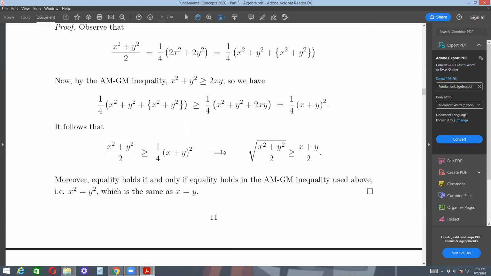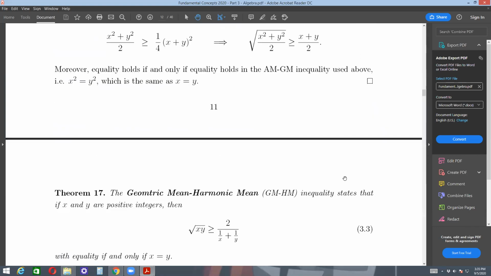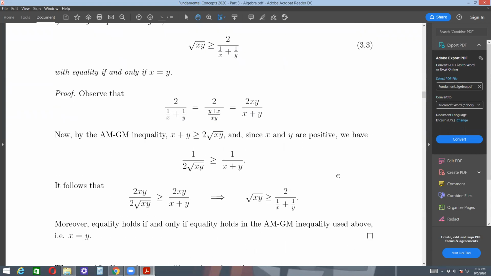Now, when you're using the AM-GM inequality, I should mention, it's written like this, right? But often it's nicer if you take x plus y is greater than or equal to 2 times square root xy, putting a number on the side. Most times it's easier to use it that way. So that's what we did here. So put the 2 from the denominator, just multiply across here.